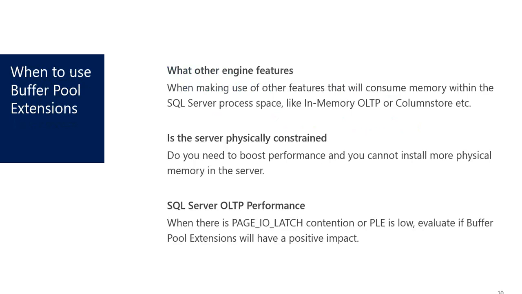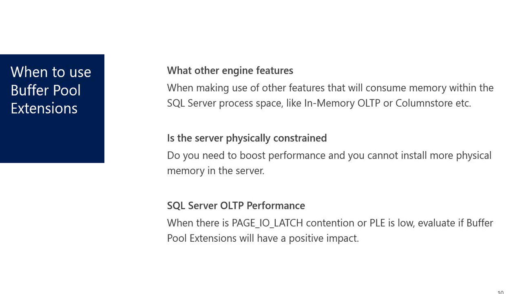So when are we looking to use buffer pool extensions? When other engine features are in use as well. We've spoken about in-memory OLTP, column store, things like that. Because if you look to use in-memory OLTP, everything is hardened and persisted.